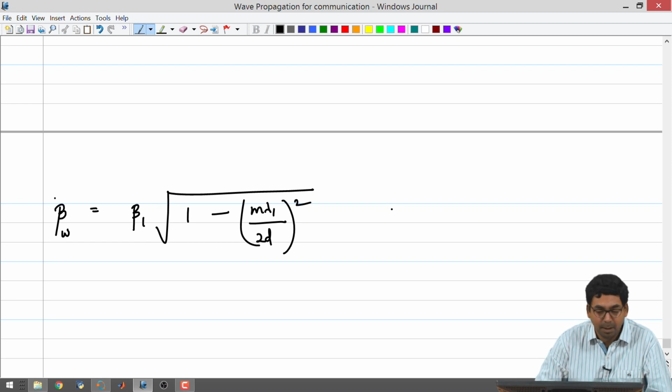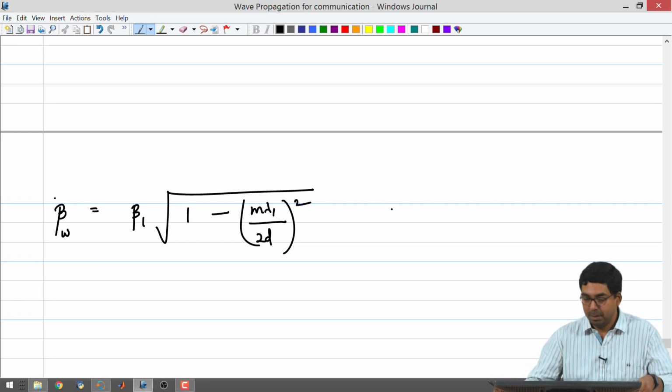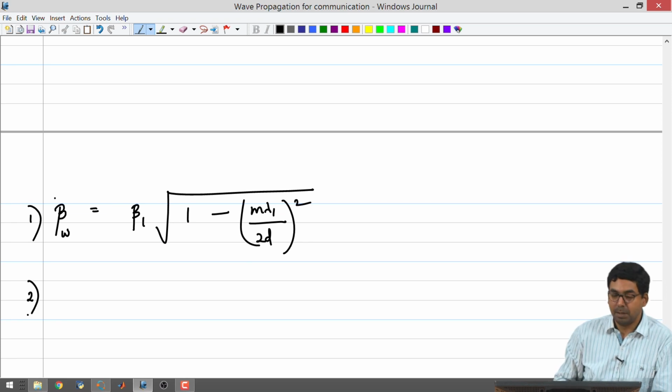And d is the separation between the two plates, and m corresponds to an integer that tells you the number of half cycles of the electric field you will have in the transversal direction. So, we start with this, and then we will slowly build up to some holes that we need to plug.